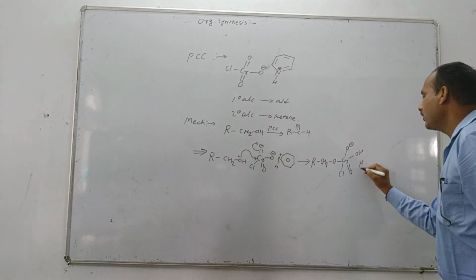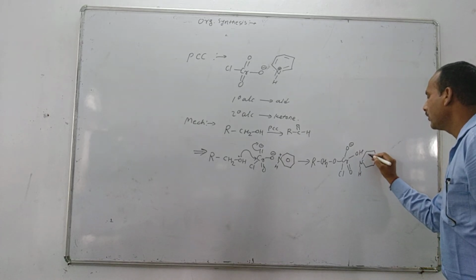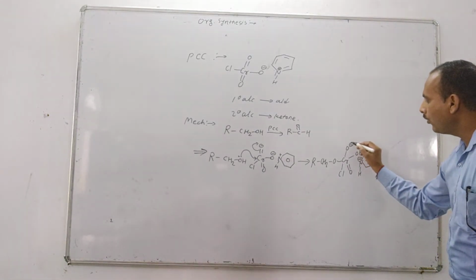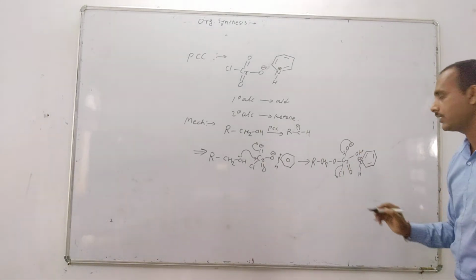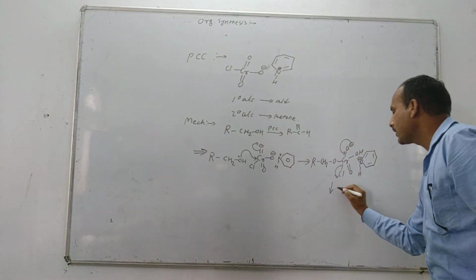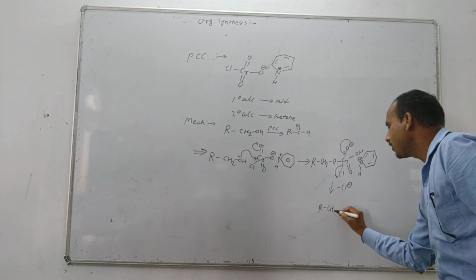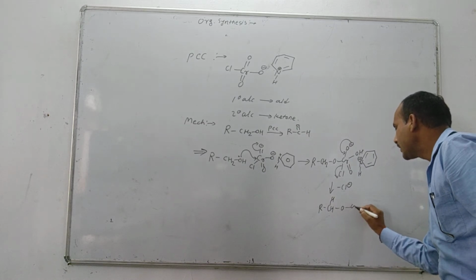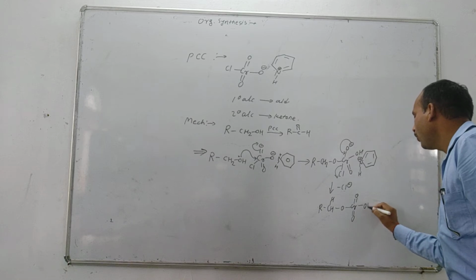Okay, pyridinium N H plus. Now this O minus shifts, with loss of Cl minus, and we write RCH2 O Cr double bond O OH.